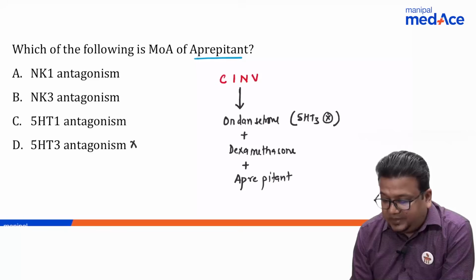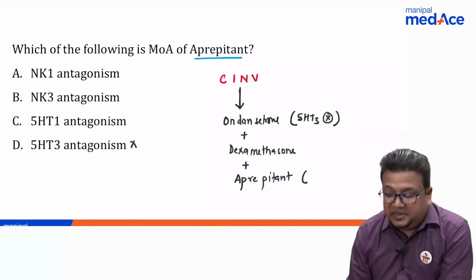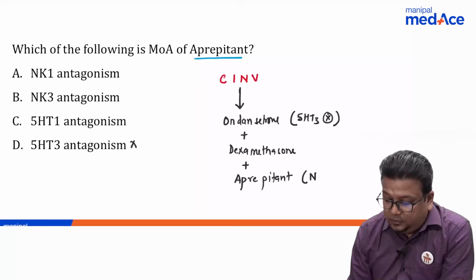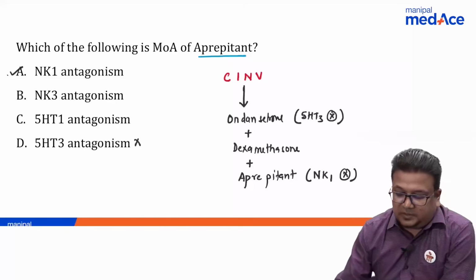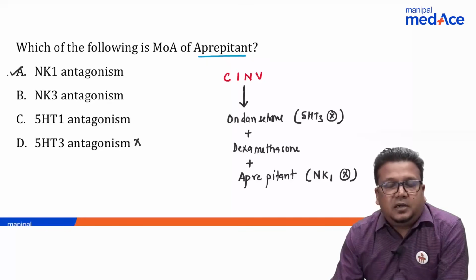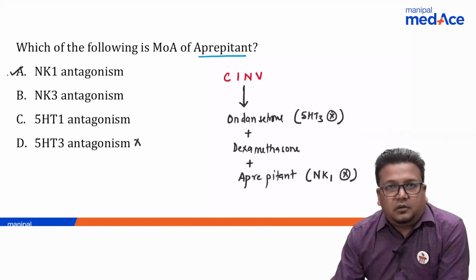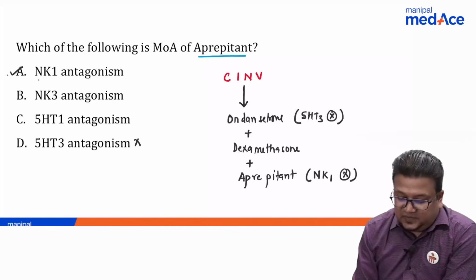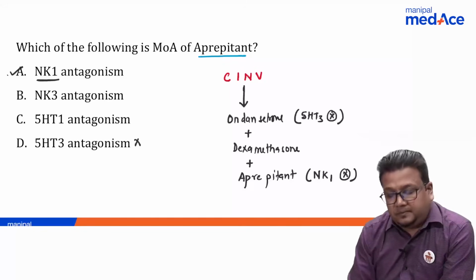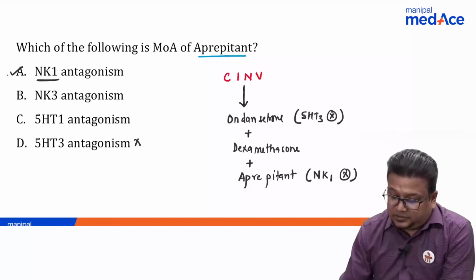Aprepitant, netupitant, rolapitant, all are blockers of substance P receptor, and which receptor? Neurokinin 1 receptor blocker. And that is the answer to this particular question. All these pitant drugs are antagonists of substance P receptor, the neurokinin 1 receptor. So that's the answer.